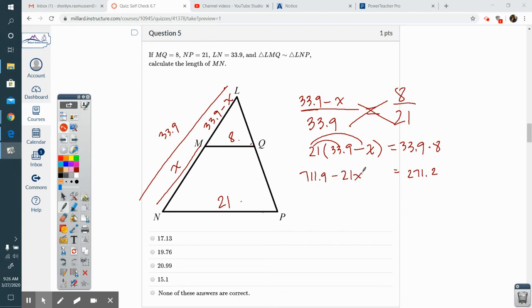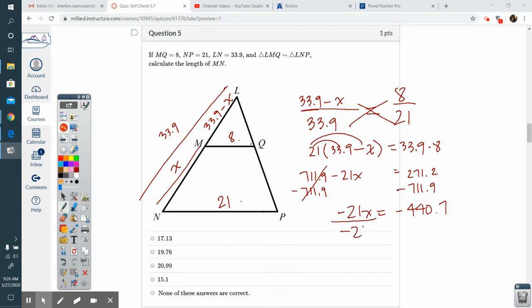So now I want the x's on one side, the numbers on the other. Subtract 711.9, and it gives me negative 21x equals, and just type that in your calculator, 271.2, subtract 711.9, and I'm given negative 440.7.